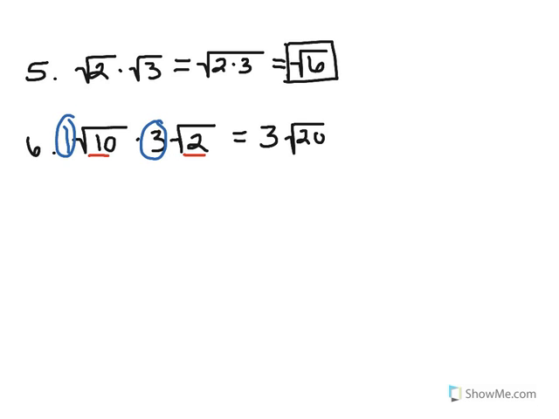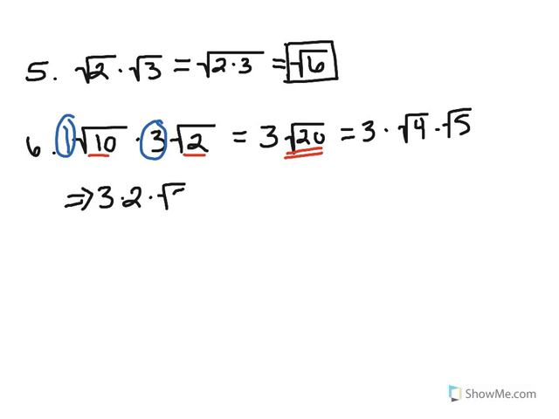Then we can break this part down even more, because you can't leave an answer unsimplified. So this is 3 times the square root of 4 times the square root of 5, because 4 times 5 gives me 20. The square root of 4 is 2, so this gives me 3 times 2 times the square root of 5, which is 6 square roots of 5.